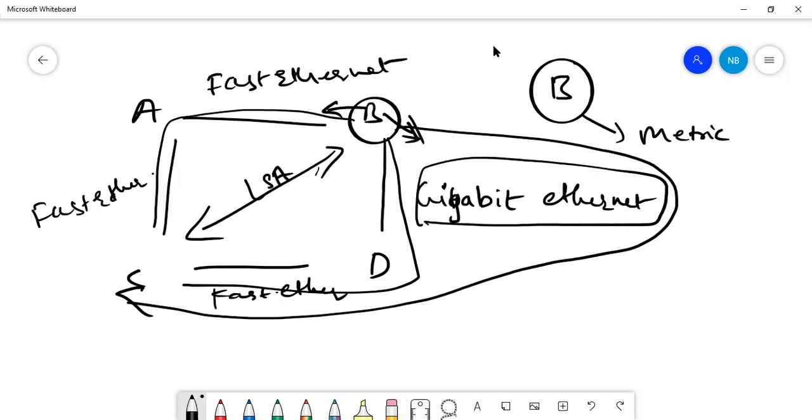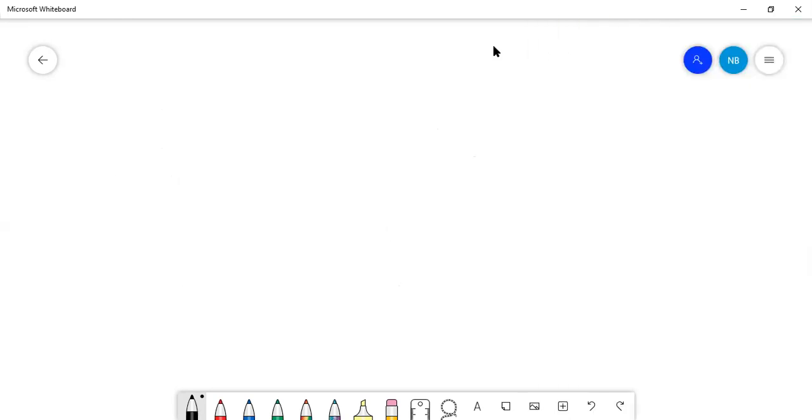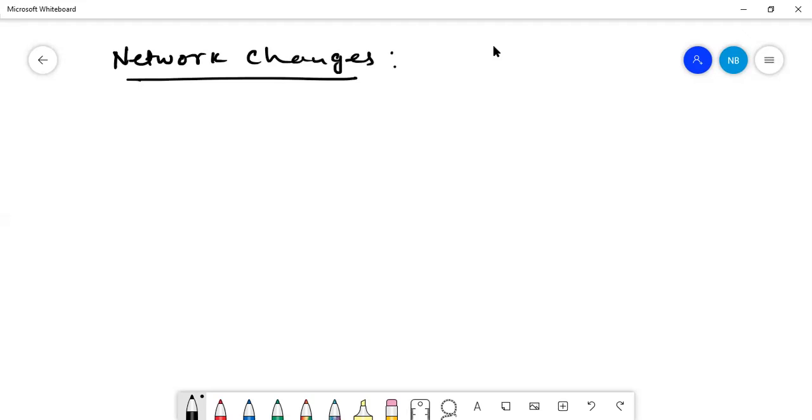And coming to the next one, if there is any failure in reaching the destination, regarding the network changes, just now we told you routers' LSDB will be updated if there is any change in the networks.